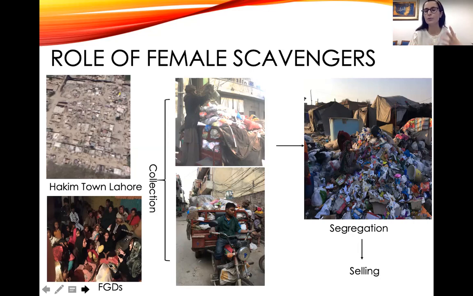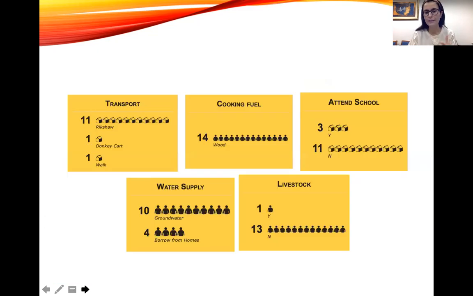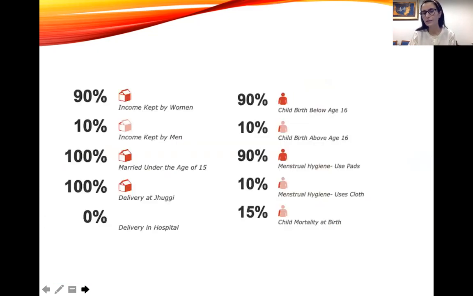I was there to improve their waste segregation and income, but I ended up working on their health more. So I put more questions on their health. So some of those findings are put there. It's basically, how do they get their basic things from? How are the women living in the juggi?